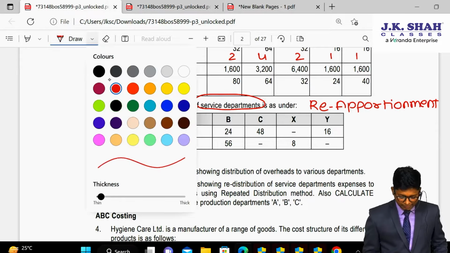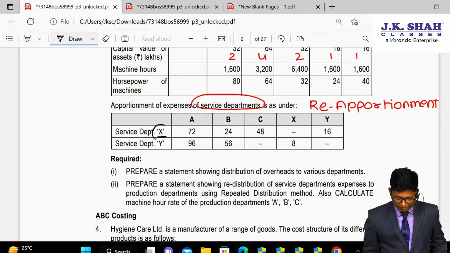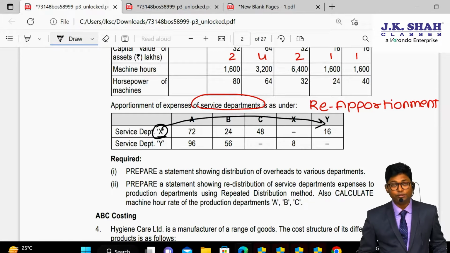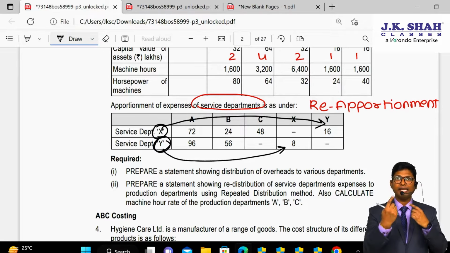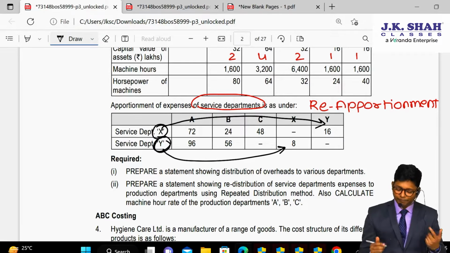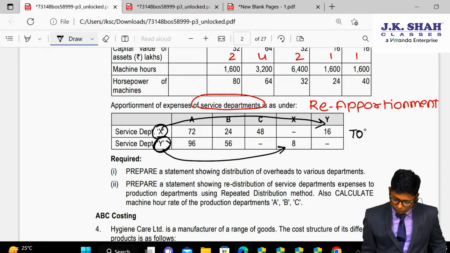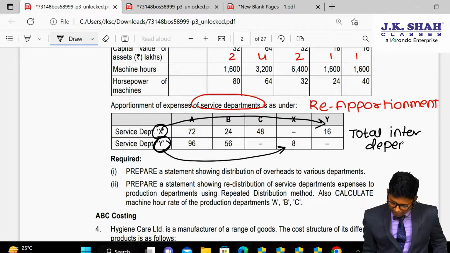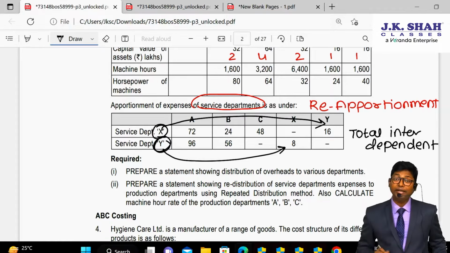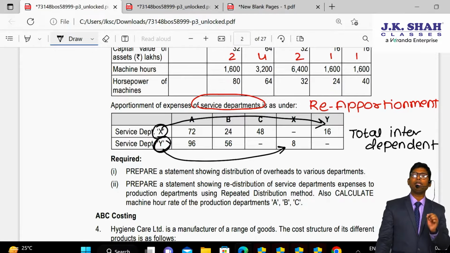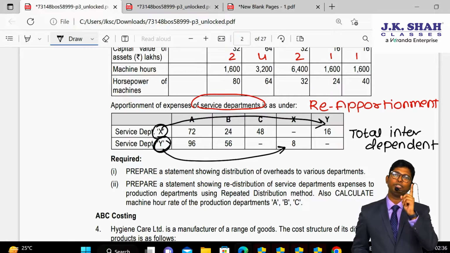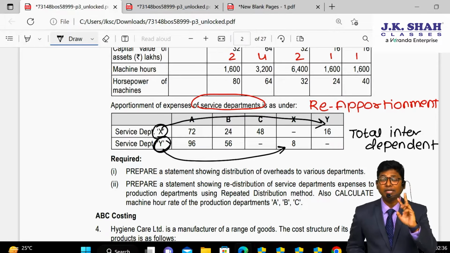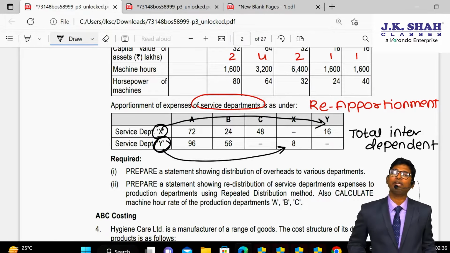If you observe this data, service department X is giving some services to Y, and service department Y is giving services to X, which means they are exchanging services between them, and that's why their nature is called as totally interdependent department. And whenever departments are interdependent, in that case you can solve the sum either by using repeated distribution method or even simultaneous equation method, which is also called as reciprocal method.